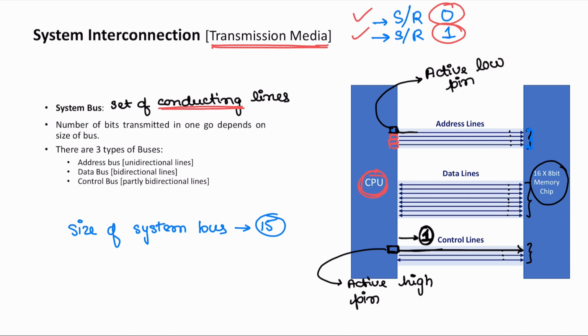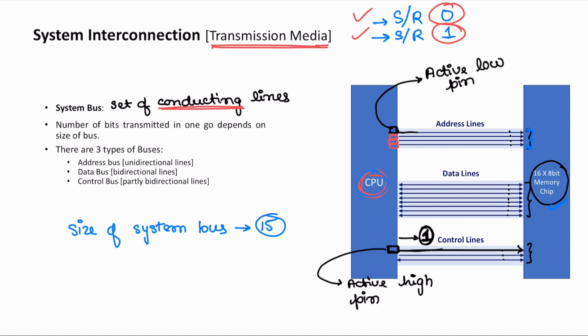So you know that CPU is a supervisor. I am saying this multiple times, but you should kind of memorize it, right? CPU is a supervisor, and it is the one who accesses the content of main memory. We have this example here, CPU and memory chip.